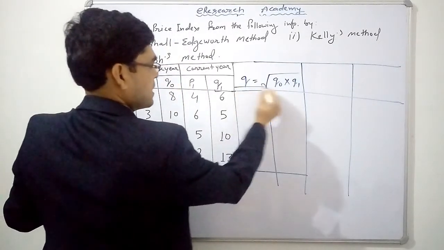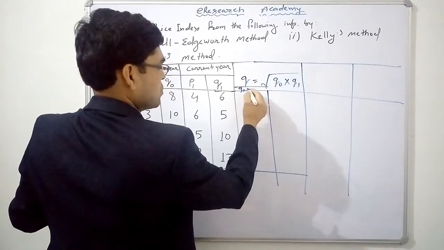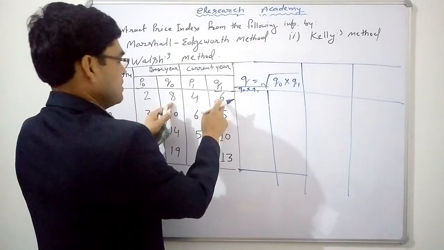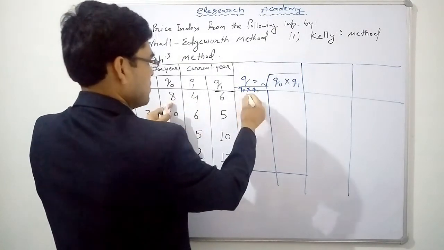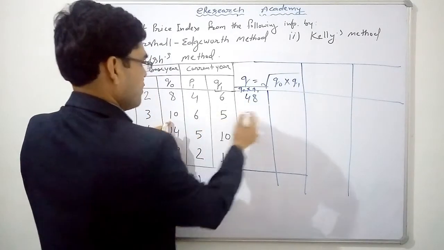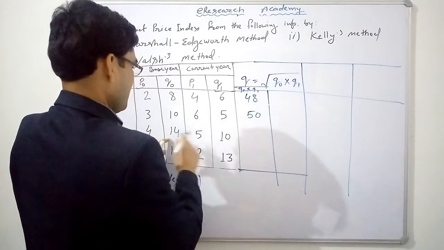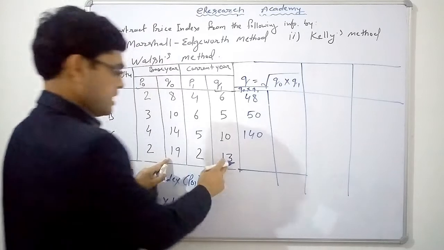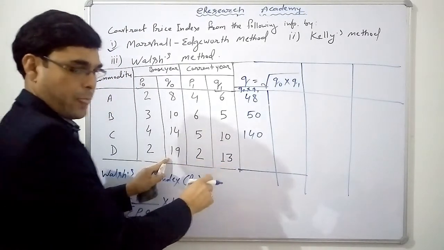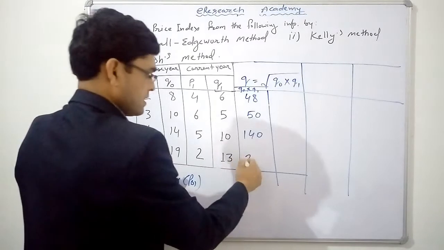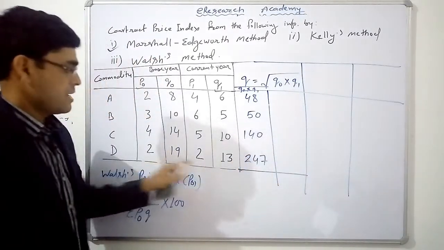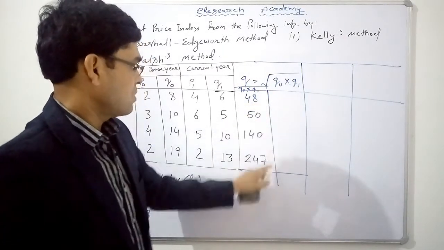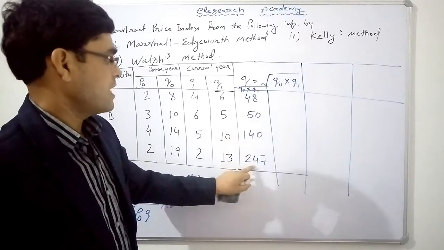First, I am just taking multiplication of Q0 and Q1. Q0 I have 8, Q1 I have 6. 8 into 6, 48, 10 into 5, 50, 14 into 10, 140, 19 into 13, it is 247. Now get the square root of these values 48, 50, 140 and 247.